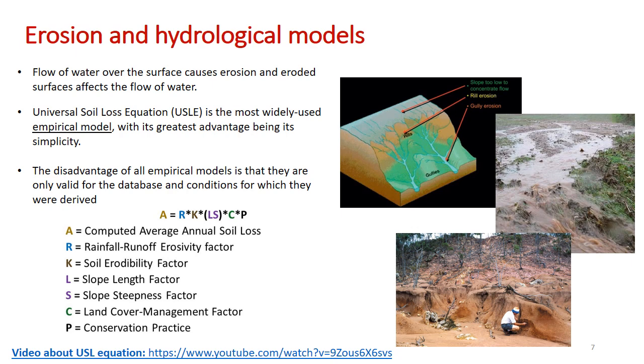And then the conservation practice, which describes how you are trying to manage soil erosion. For example, if you are making terraces, then you are reducing the slope, and that management would eventually lead to lower soil erosion.